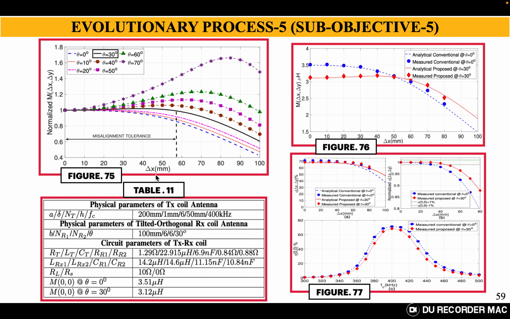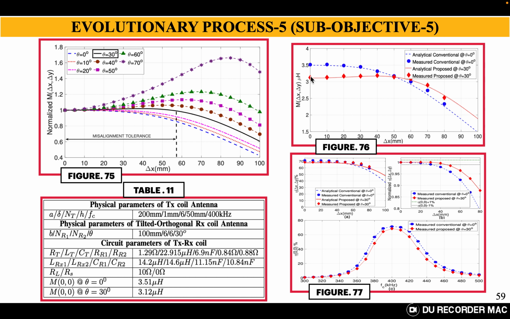In figure 75 you can see... In figure 76 you can see the analytical and the measured results for the conventional and proposed designs. The measured and analytical results are collaborating well with each other, but there is one more important note. If you see the proposed design, although it achieved a better misalignment tolerance, it is at the cost of a slight decrement in the mutual inductance.